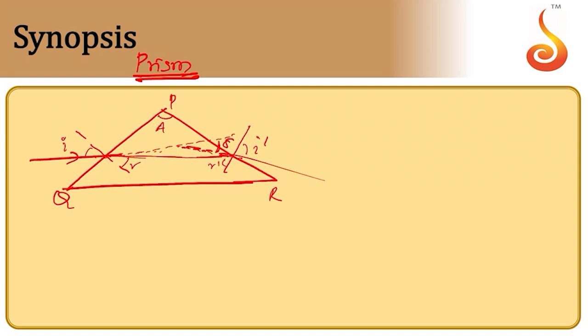The deviation delta is given by I plus I dash minus R plus R dash. And also remember, R plus R dash is equal to A. R plus R dash is equal to A. So remember this one.